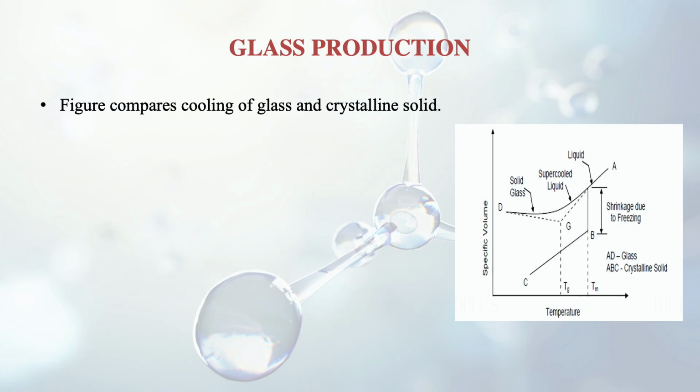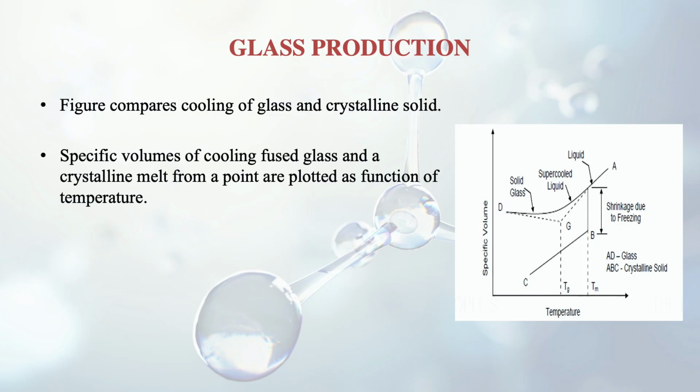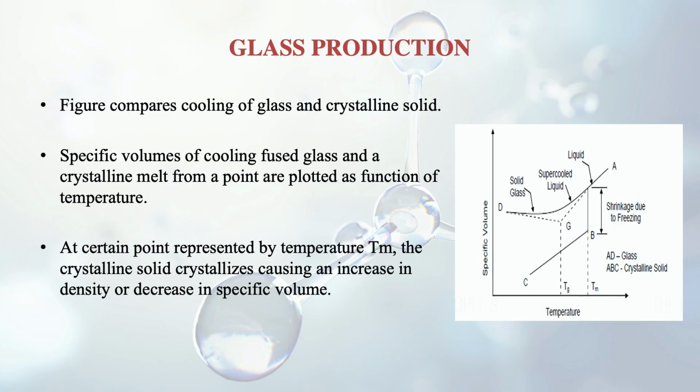So this figure compares cooling of glass and crystalline solid. Specific volumes of cooling fused glass and a crystalline melt are plotted as a function of temperature. You can see in the curve there is temperature Tm and there is temperature Tg also.